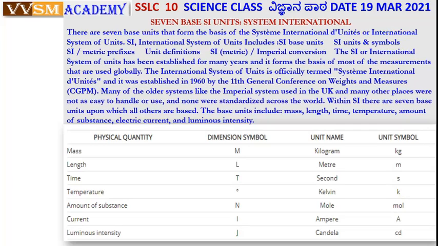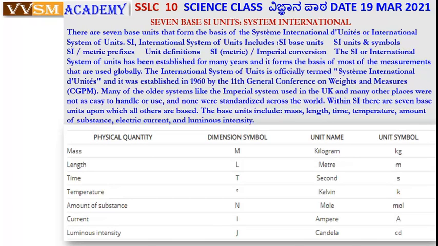There are 7 base units that form the basis of the System International units, or International System of Units, SI. The International System of Units includes SI base units, symbols, metric prefixes, unit definitions, imperial conversion.